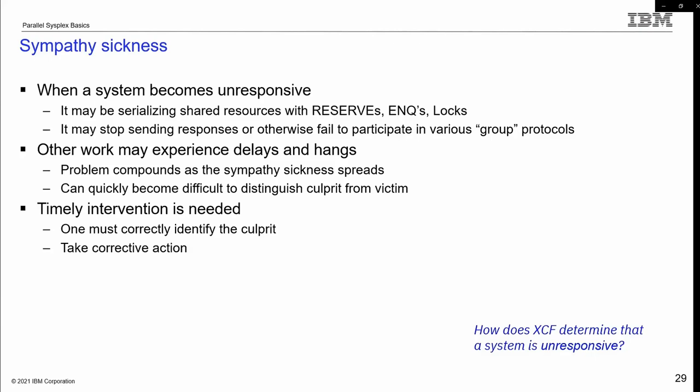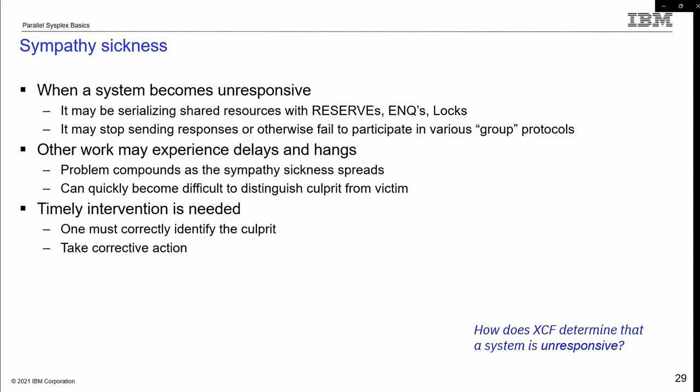And when you allow this non-terminating problem to persist, it's not helping the problem, it's hurting it. So when a system becomes unresponsive, we want to remedy that and take that system out. The problem is we need a balancing act between acting too soon, when it would have eventually recovered on its own, or acting too late.